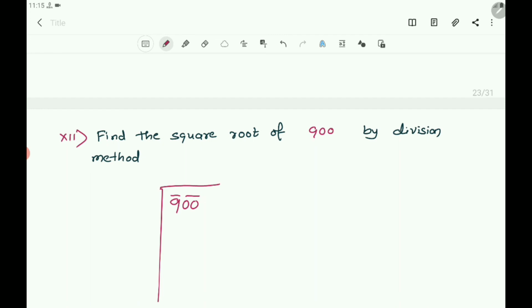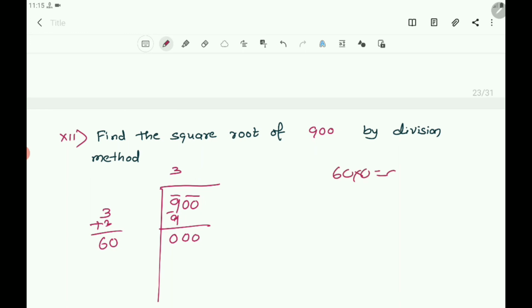Next you take the square number. You know that 9 is a square number and it is a square of 3. So you take 3 3s are 9 and subtract it. What is that? 0. Take the next group. If you add 3 and 3, you get 6, and 60 into 0 you will get 0 only.